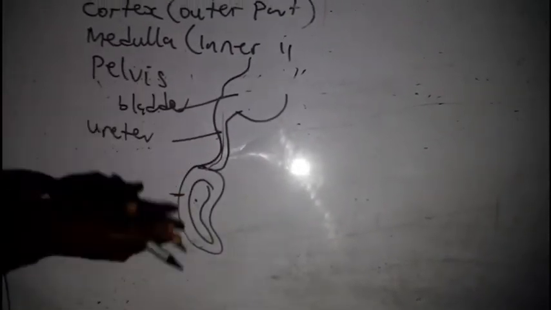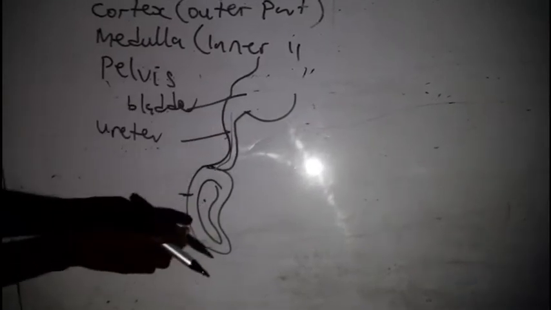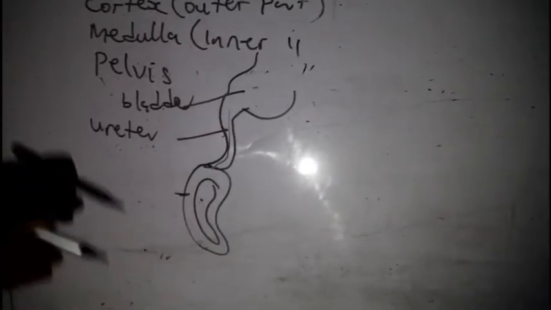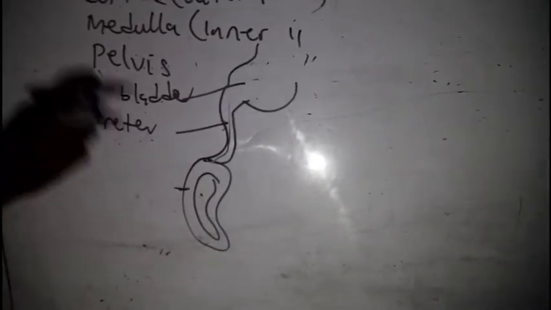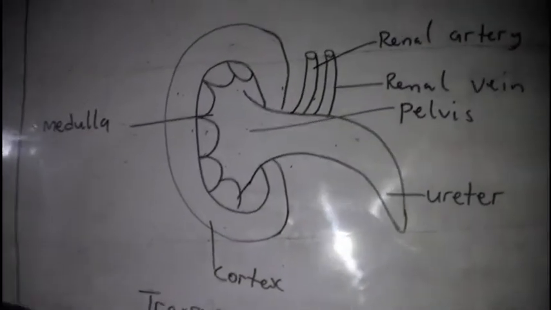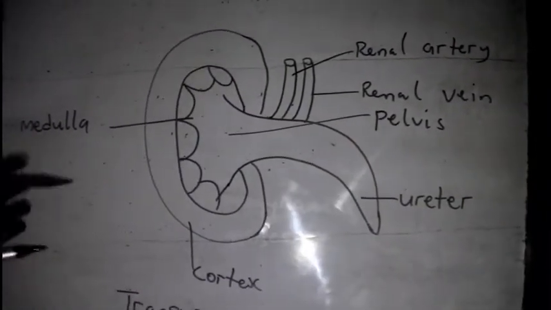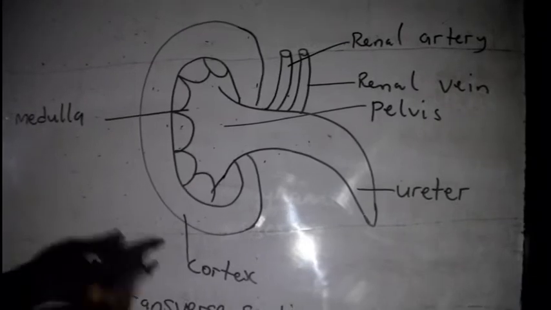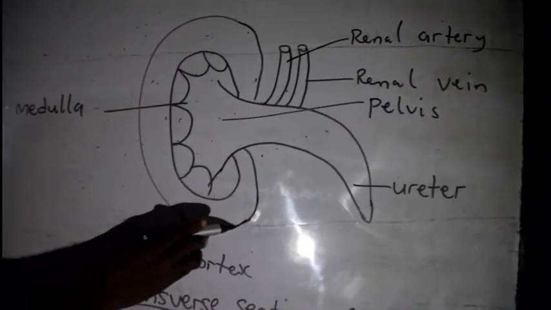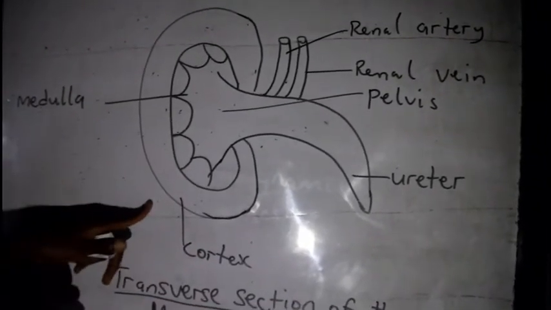Remember, I'm going to let you know that the kidney is one of the main excretory structures in the human body. Now let's look at a sketch of the kidney when it is transversely dissected. You see from the diagram that this is the outer part I was trying to illustrate that is called the cortex.